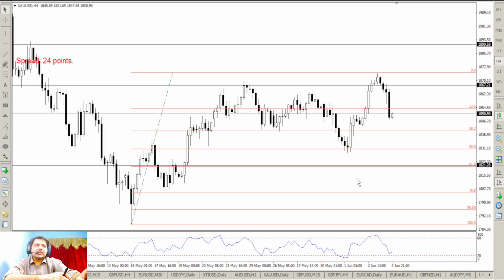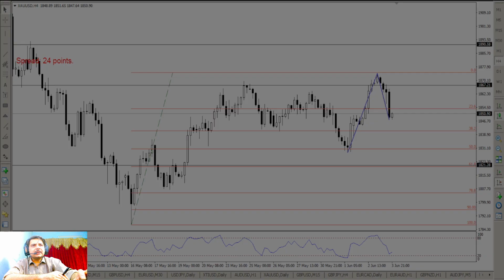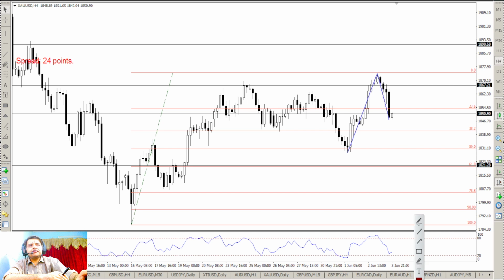So first of all, for the intraday level and the day trading level, there will be one opportunity, and that is obviously the most probable one and the most risky as well. This thing, a very nice reversal from this zone, which is the 61.8% retracement of this impulsive wave.